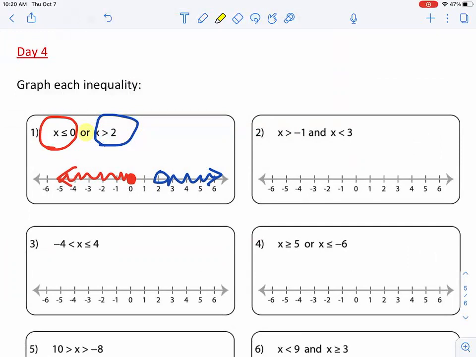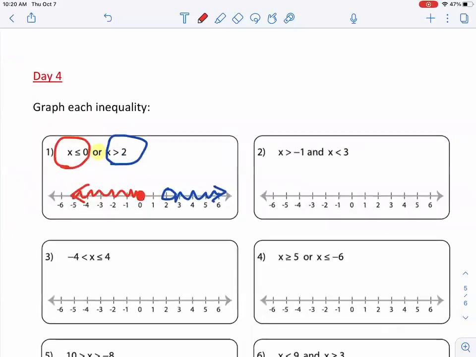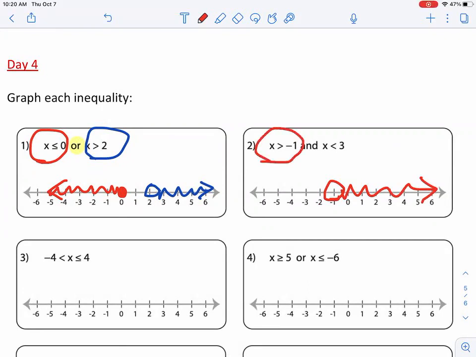For problem 2, I'm first going to graph x is greater than -1. Okay, so I go to -1, open circle, and shading to the right. Okay, this is the red part.